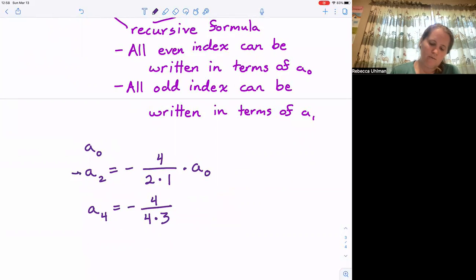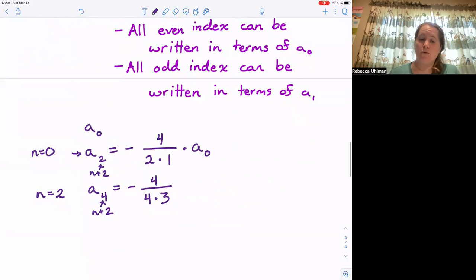So this one comes from doing n equals 0, and then this is n plus 2. The next one comes from taking n equals 2. 4 is our n plus 2. So in this case, we have negative 4 over 4 times 3, then multiplying a2. So multiplying negative 4 over 2 times 1. Then this is multiplying a0.